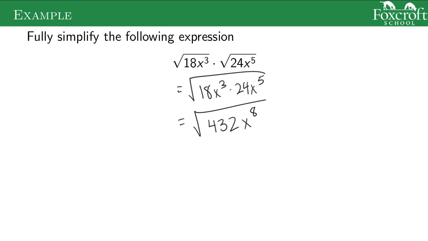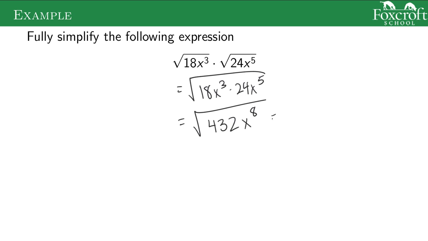All right, and now we just have to simplify this. We can do the number and the variable part separately. For the square root of 432, we have to see if it's divisible by any of the perfect squares. Let's see, 81 doesn't work, 64 doesn't, 49 doesn't. 36 does work.